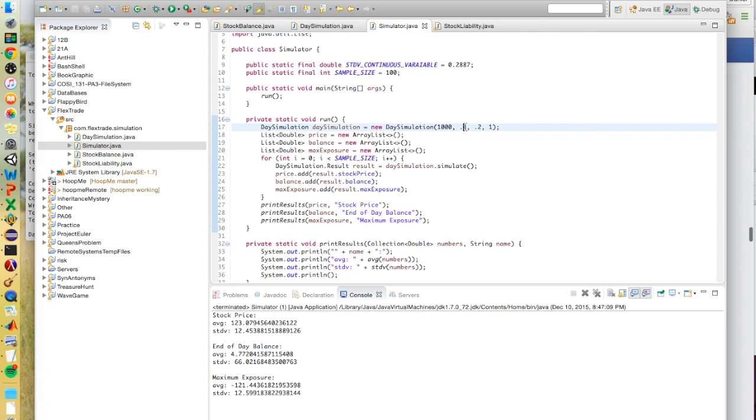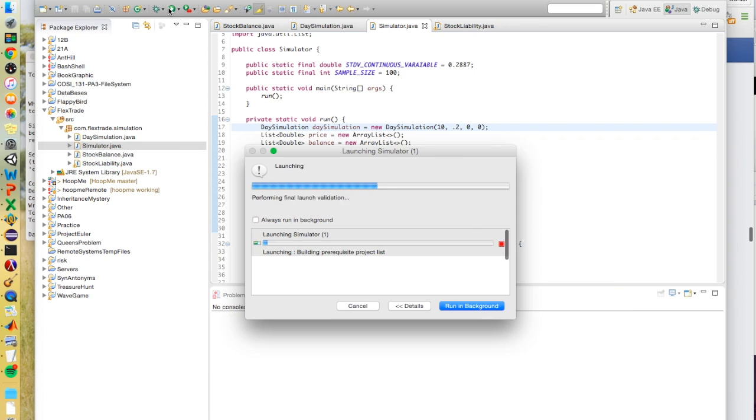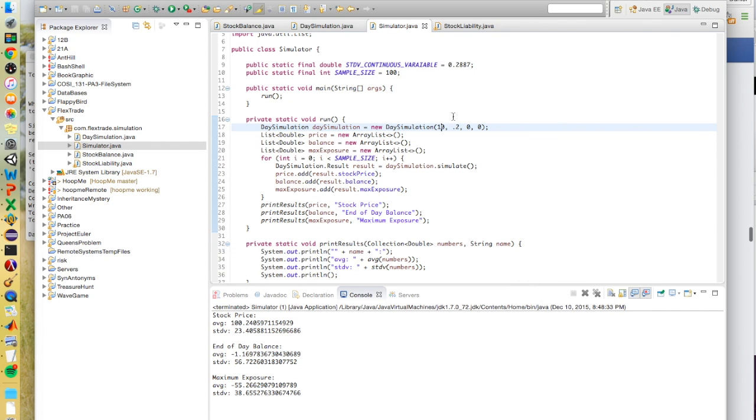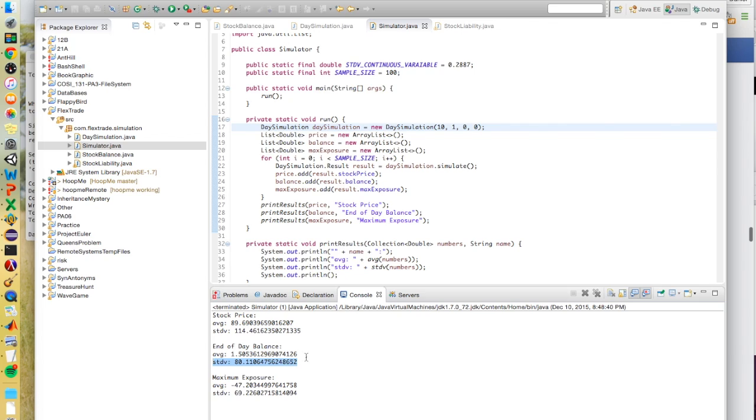And the last metric that we should play around with here is the number of trades. Even if we're only processing 10 trades a day, we can still expect that the end of day balance is going to be right around zero. If we pump up the volatility, if we make the stock we buy extremely volatile, we do see that that affects the standard deviation on that end of day balance, that standard deviation being the variability that we can expect to see.